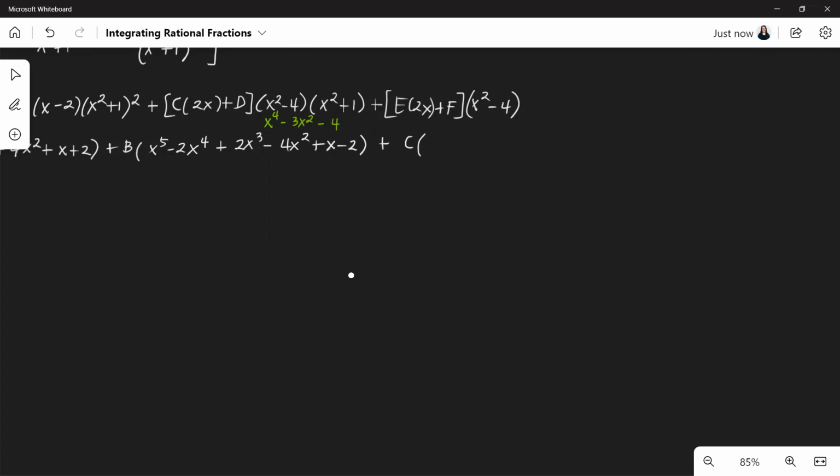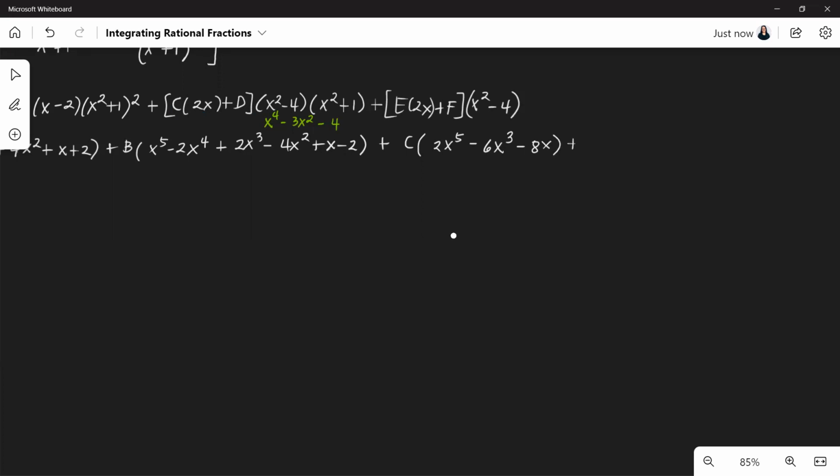Okay, so just multiply 2x and x to the power of 4 minus 3x squared minus 4. So that's 2x raised to the power of 5 minus 2x times 3x squared. So that's 6x cubed. And then 2x times 4, so minus 8x.